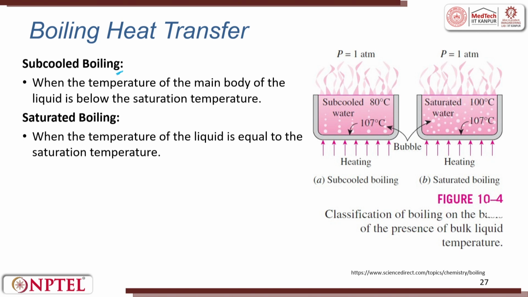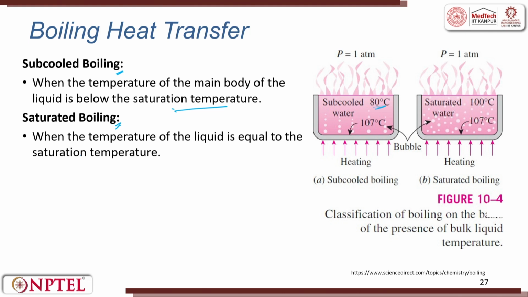There is something called subcooled boiling and saturated boiling. Subcooled boiling is when the temperature of the main body of the liquid is below the saturation temperature. So, when the temperature at the base is 107 degrees Celsius and the liquid is around 80 degrees Celsius, it is called subcooled boiling, and the atmosphere is 1 atmosphere.